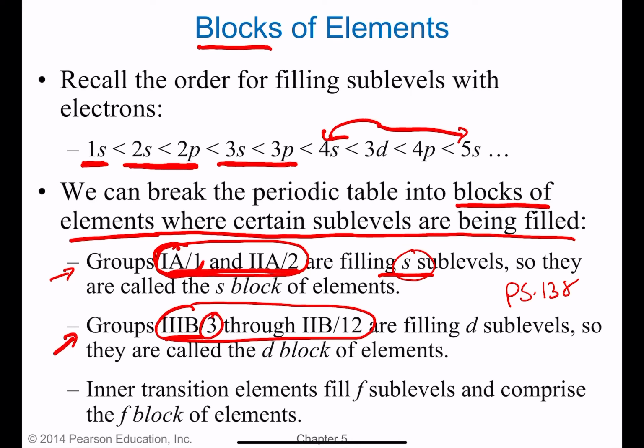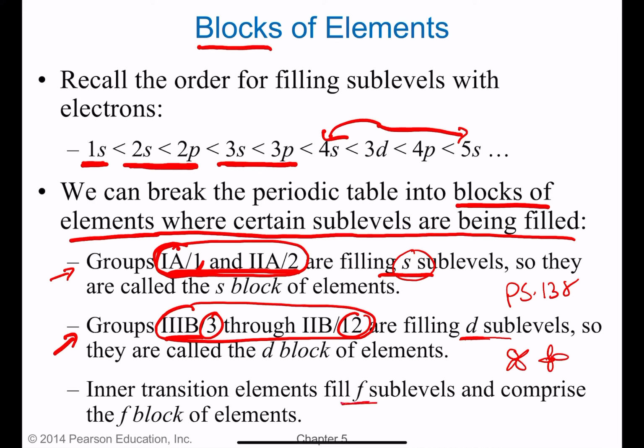So basically 3 through 12, those are the transition metals. That big chunk in the middle of the periodic table, that's what we call the D block, because when they are taking their outermost electrons and finding a home for them, they're putting them in D sublevels. Those are those flower-shaped orbitals that we talked about in the previous video.